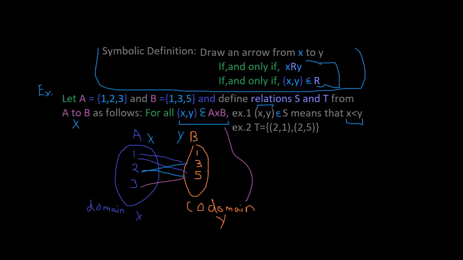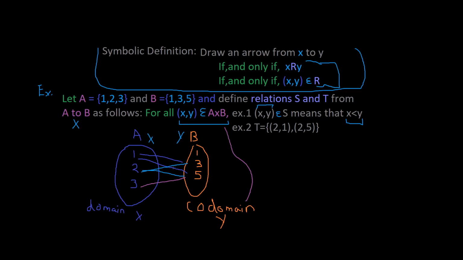So this is going to be our next problem. It says example 2, T equals the set of 2, y, 2, 5. And so we have the set A and B, and this is asking for us to define the relation from T. And so what was this over here?